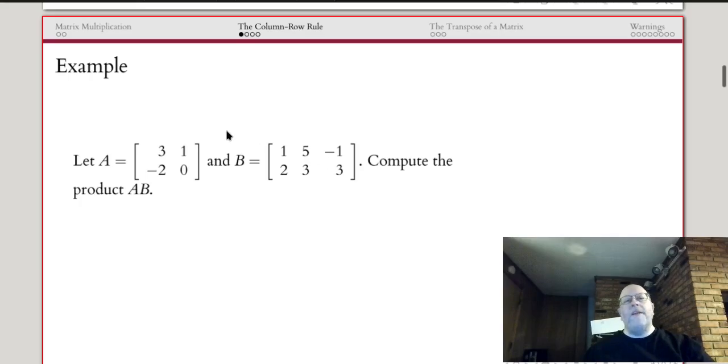So I want to multiply these two matrices together. This is a 2 by 2 matrix. This is a 2 by 3 matrix, but this is okay. The way we're going to do this is we're going to split A up into columns. The first matrix gets split into columns. And the second matrix will get split into rows.